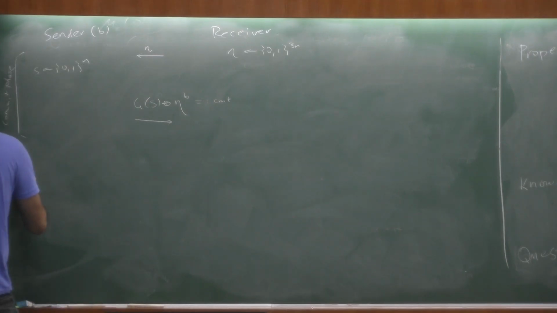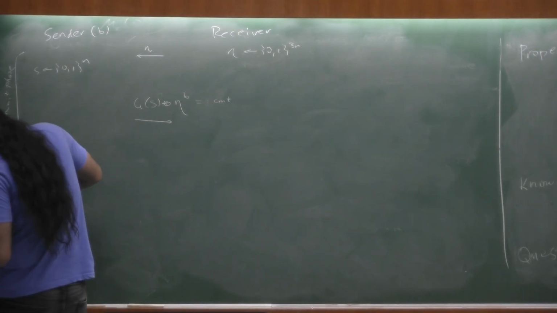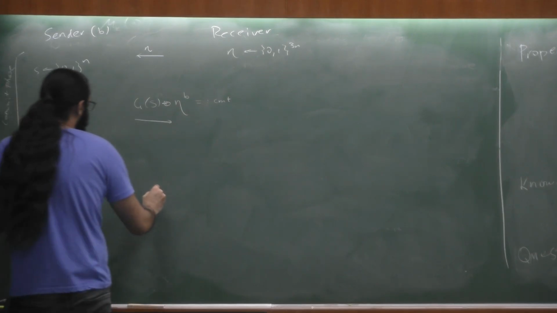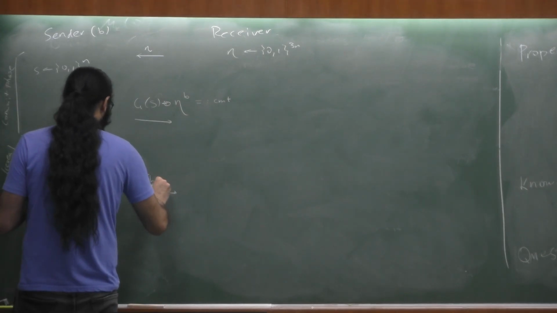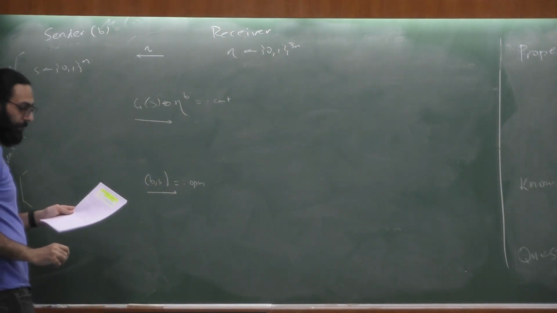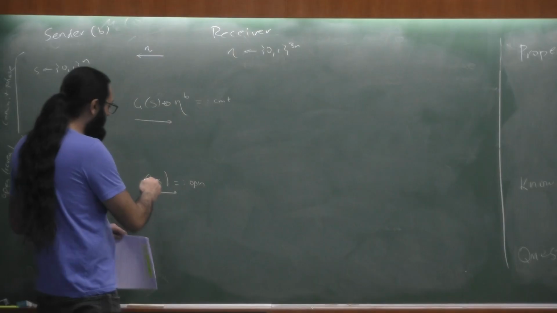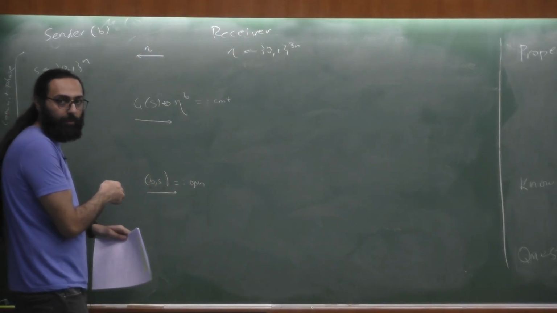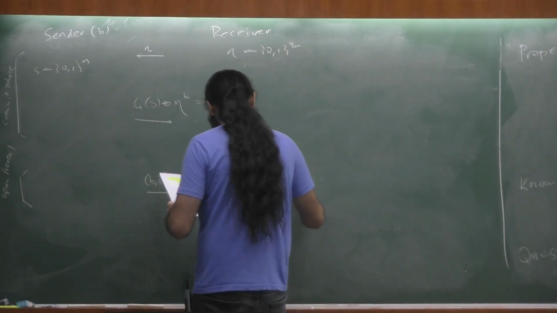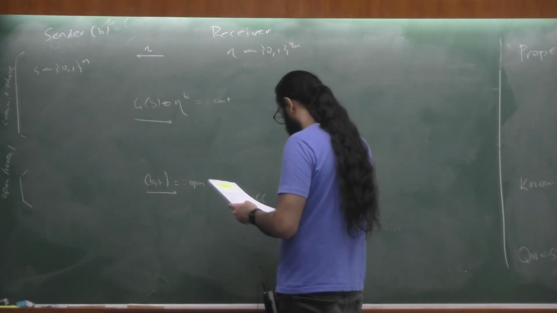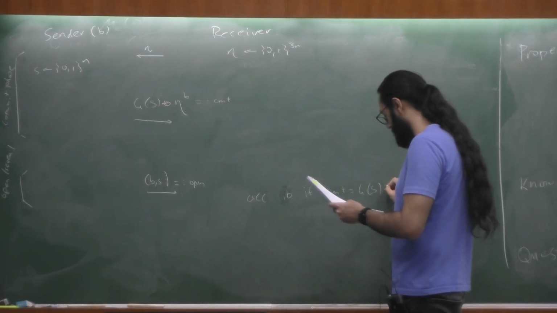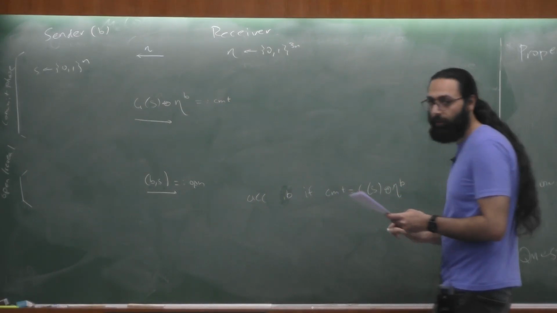So it's done. And now when he has to reveal or open, what the sender is going to do is send b comma s, which is the opening. So basically sending the seed and the message that was sent, and the receiver is going to accept b if CMT equals G(s) XOR eta^b.